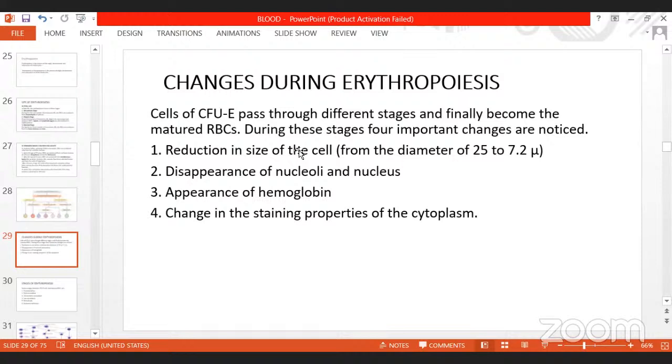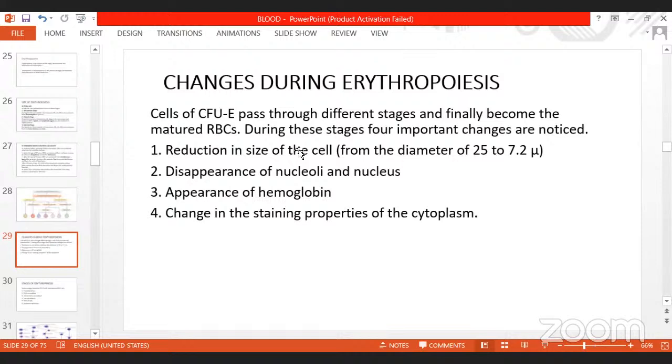So let's see what all the changes that will happen to the erythrocyte. The colony forming unit erythrocyte passes through different stages. The important changes are, first, the reduction in the size of the cell.